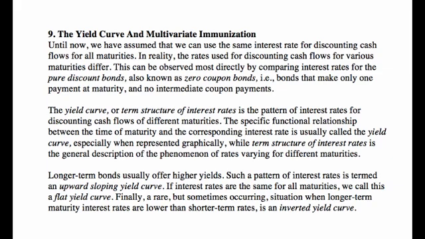If you look at zero coupon bonds, or pure discount bonds, bonds that only make one payment at maturity, there's a pretty significant market of those for U.S. government bonds.